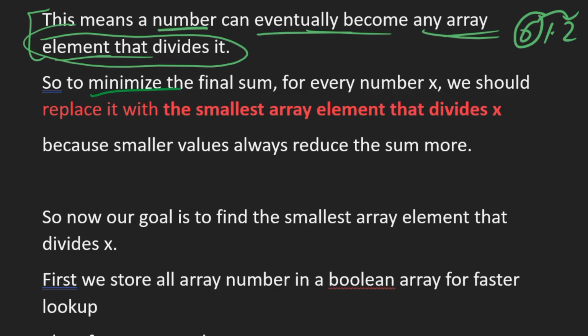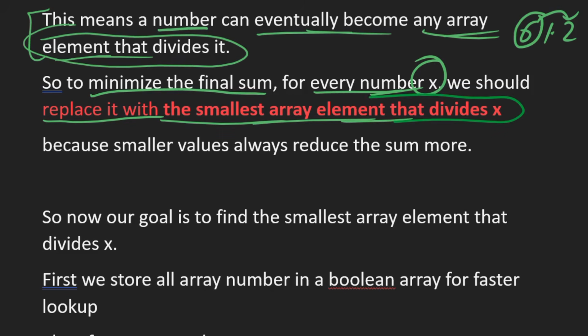And what we have to do is minimize the final sum. So for every number x, we will replace it with the smallest array element that divides that particular number, right?